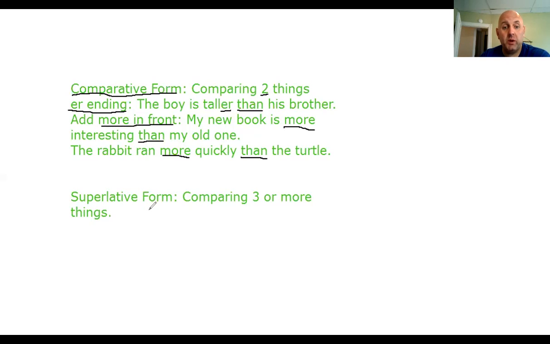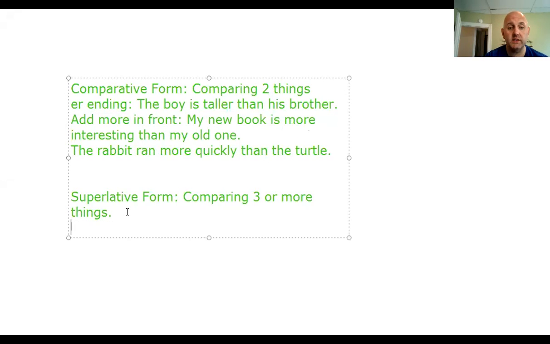Superlative form is when I'm comparing three or more things. There's only some slight changes. My slight changes here are, instead of adding ER as an ending, I'm going to add EST. I'm going to use that same sentence, but just change it so I'm talking about more than two people.